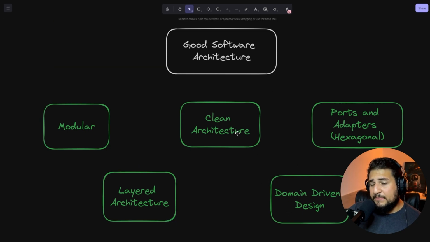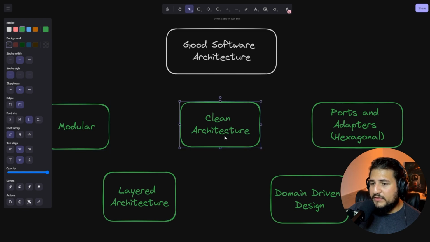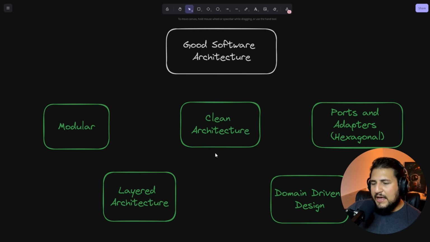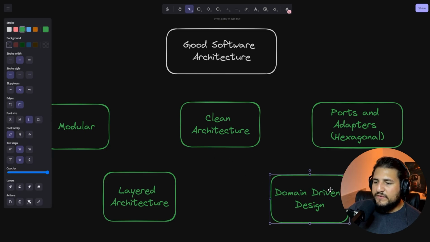The ones that I use a lot on a daily basis are the modular one, the clean architecture, and the layered architecture. But I have experience also working with domain-driven design and ports and adapters. They are great as well.